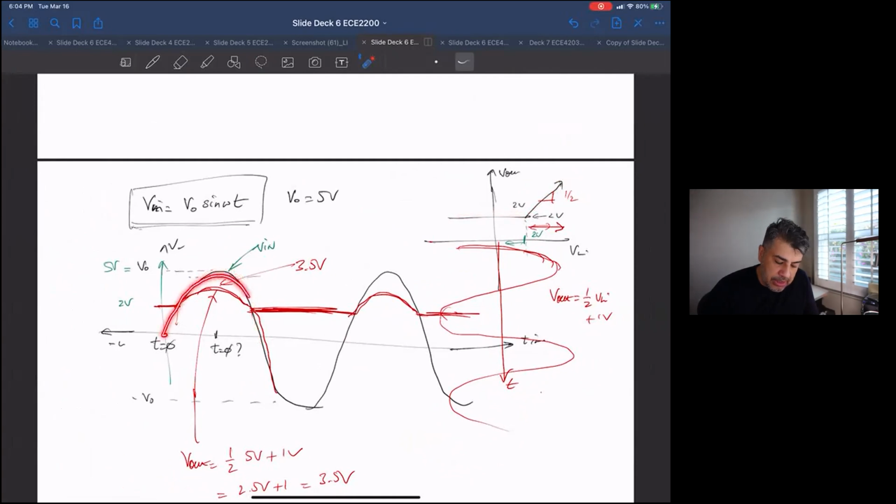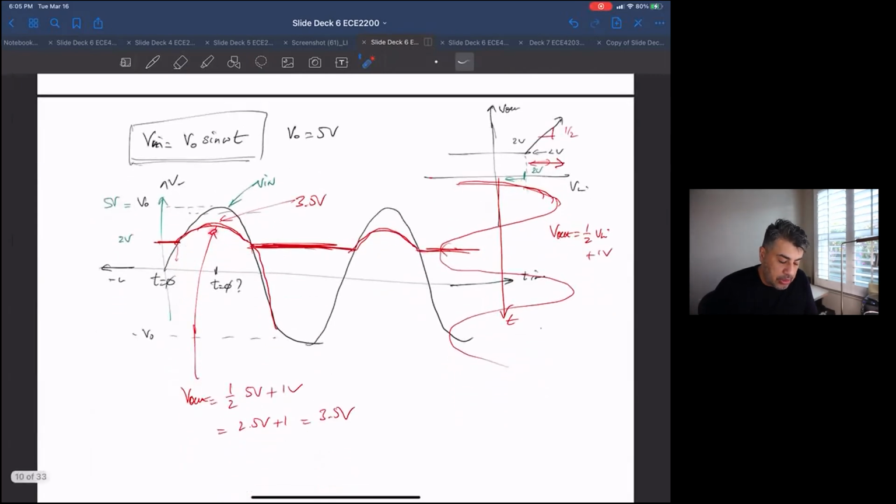Anytime Vn is less than 2 volts, V out is just pegged at 2 volts. And anytime Vn is larger than 2 volts, V out is 1/2 of Vn. So Vn would be this, and V out would be something smaller. And we calculated this peak point was just 3.5 volts.